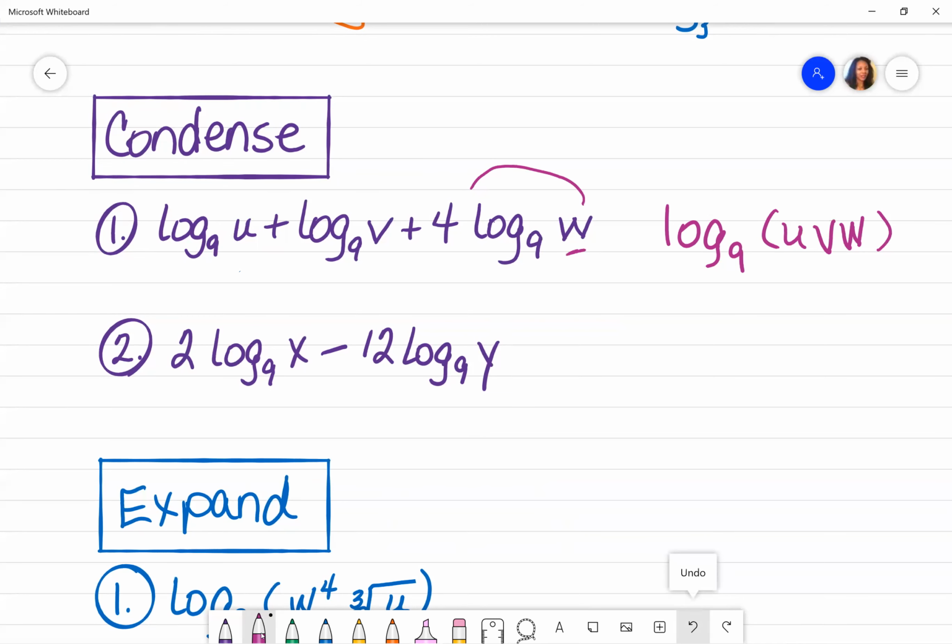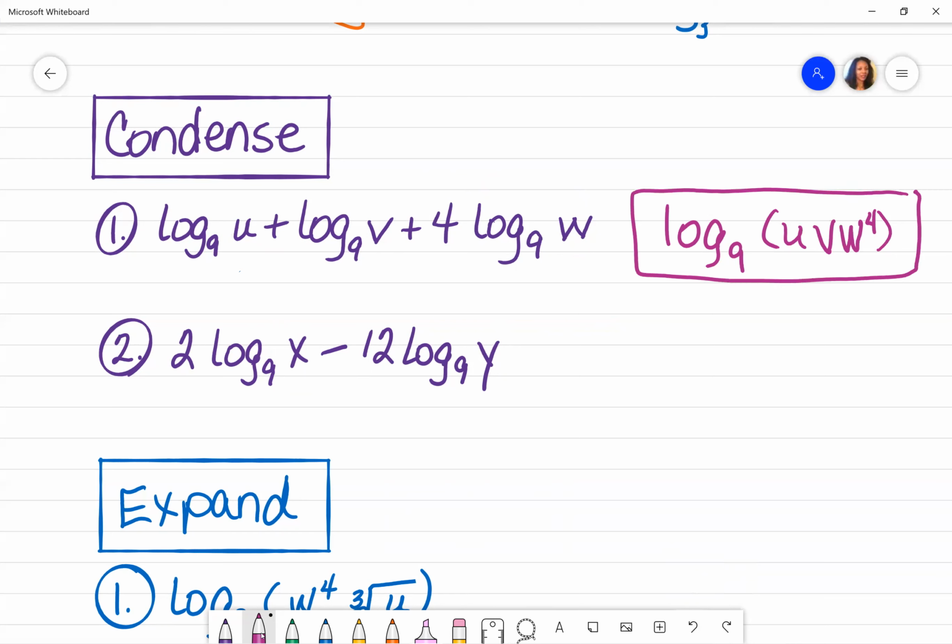So that exponent has to go with the W only. So it's log base 9 of U times V times W to the 4th power. This is my answer in condensed form.